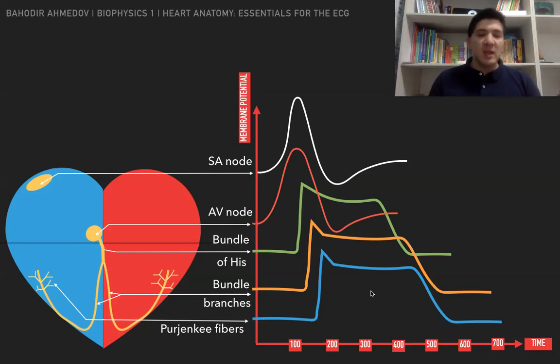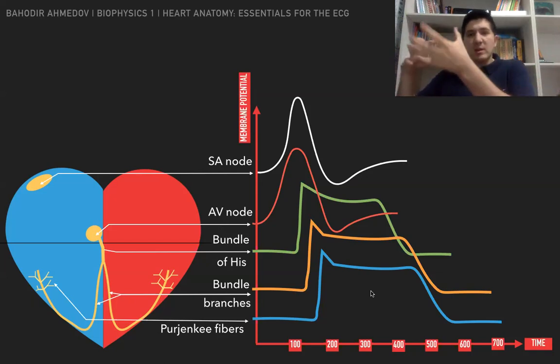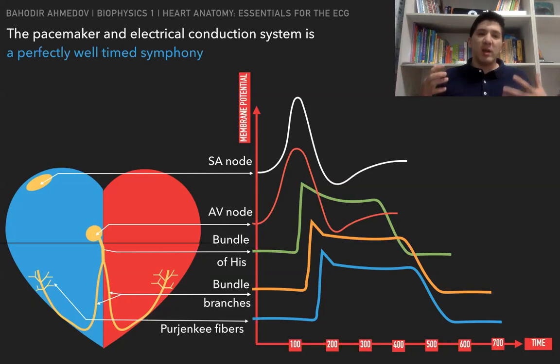You can see that the heart works really as a symphony, with a well-timed system. Basically the atrium contracts, then the ventricle contracts, then everything relaxes. Contracts, relaxes, contracts, relaxes. The pacemaker and electric conduction system of the heart is a perfectly well-timed symphony, and the ECG basically measures its coordination.